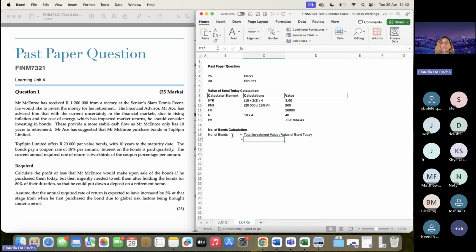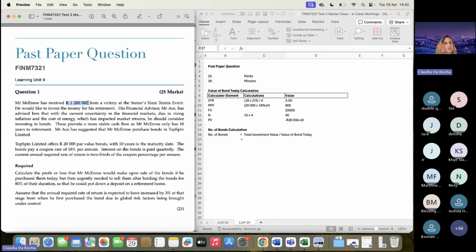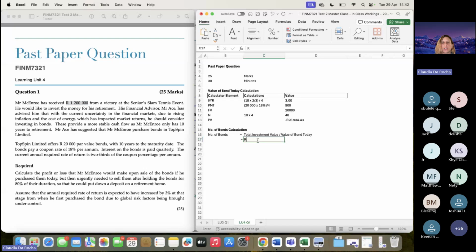The total investment value is the 1.2 million that Mr. McEnroe received. He had received 1.2 million. That's what he's going to use to purchase his bonds. The value of the bond today is your answer that you received. Okay, and then that will give us our answer.